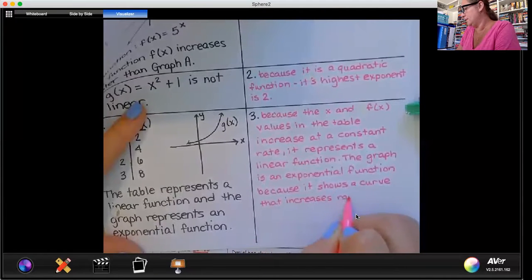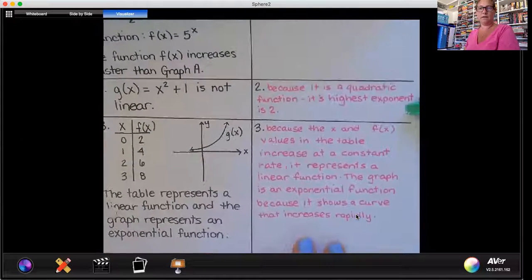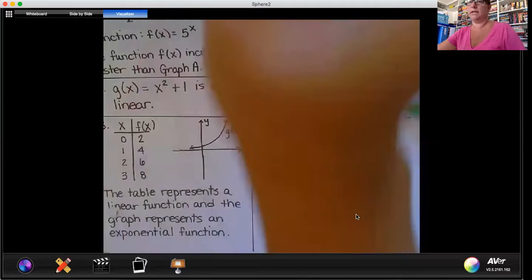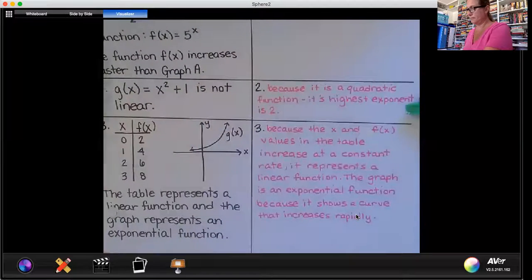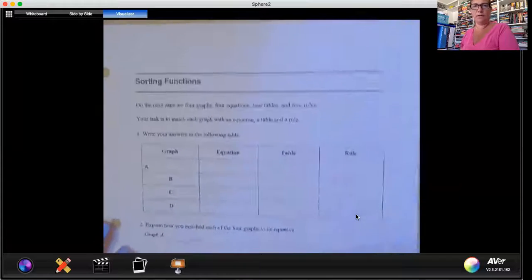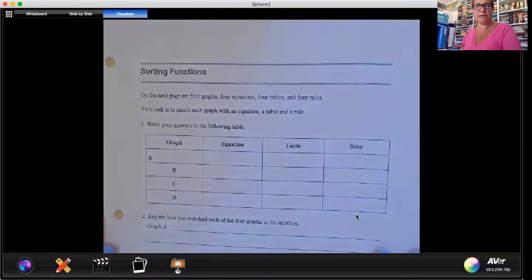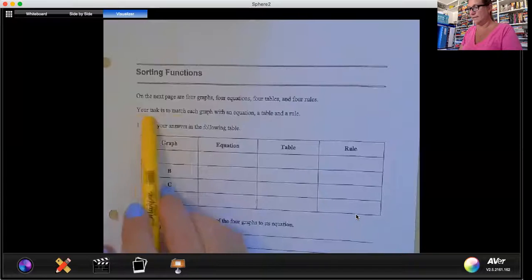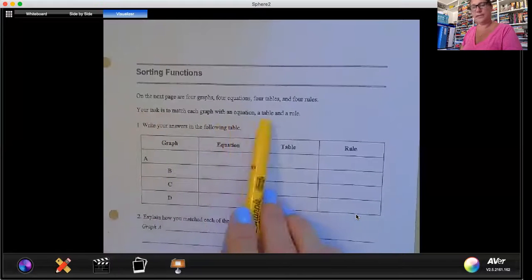You may find from time to time I give you assignments that look like this, where I give you a scenario and you have to explain what's going on and why it is what it is. All right, as always, pause your video whenever you need to catch up. What I'm showing you here is in your module under the assignment for comparing functions. And your task is to match each graph with an equation, a table, and a rule.